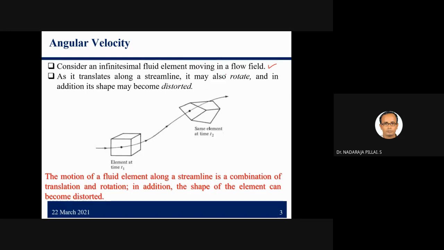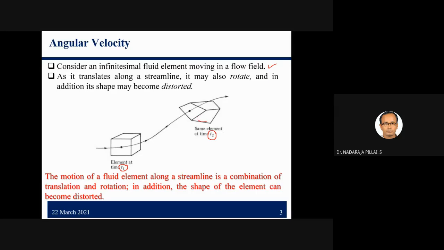Now the same fluid element, say this is a fluid element at a time t1 and this is the fluid element at a time t2. As it translates along the streamline, the fluid element may rotate, with a certain angle, whatever it is.